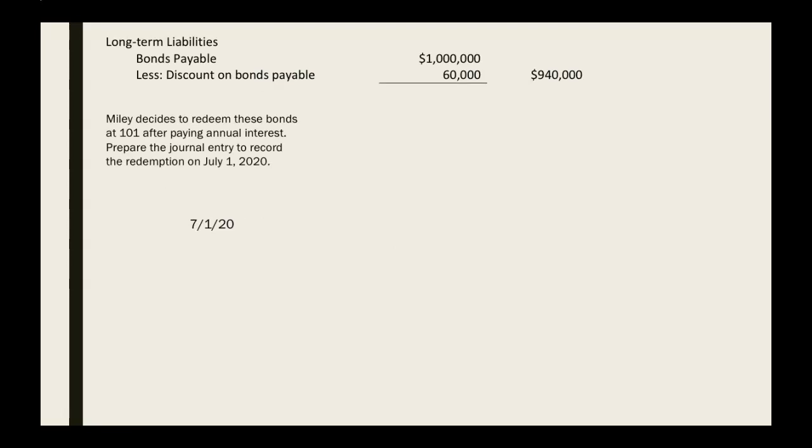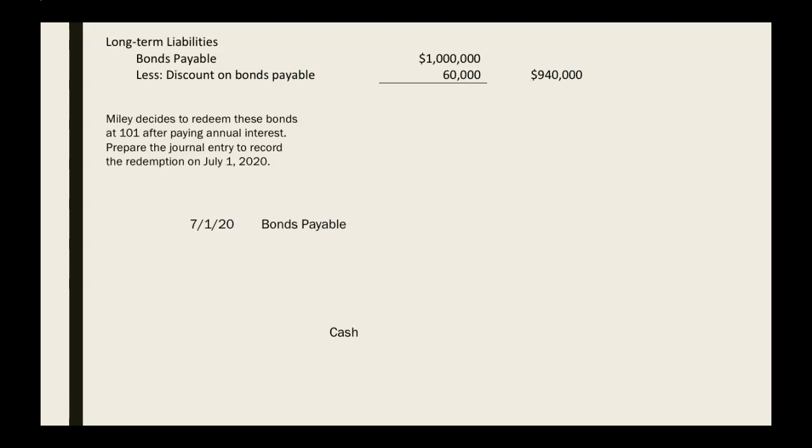If the bonds are being redeemed, that means that we have to pay this money out right now. And if we pay the money out, we get the bonds payable off our books, and we're going to have to use cash. Right? So we want to debit bonds payable and credit cash. But there's going to be a few other accounts in between there that we're going to have to deal with.